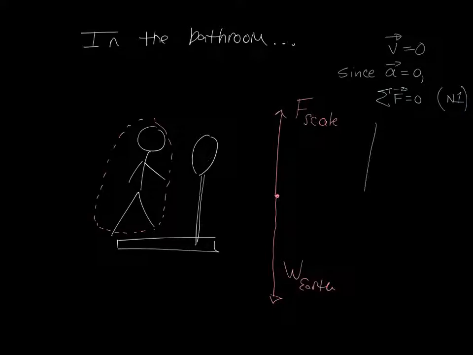Therefore, when I draw my vector sum diagram, adding the vectors head to tail, I see that the weight and whatever the scale reads, I'll call it F scale. Well, the normal force. Scales read normal force. So that's what I'm gonna say here.